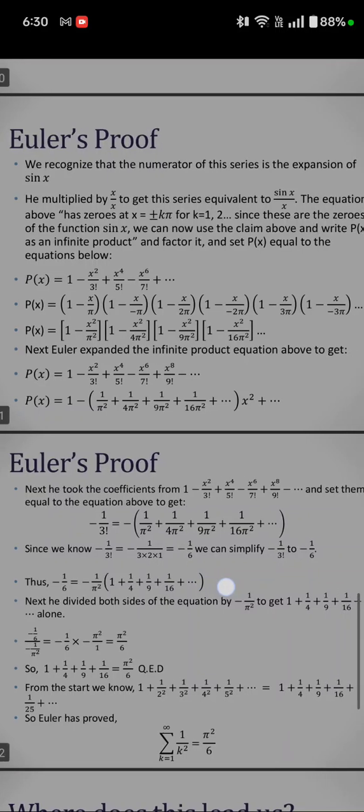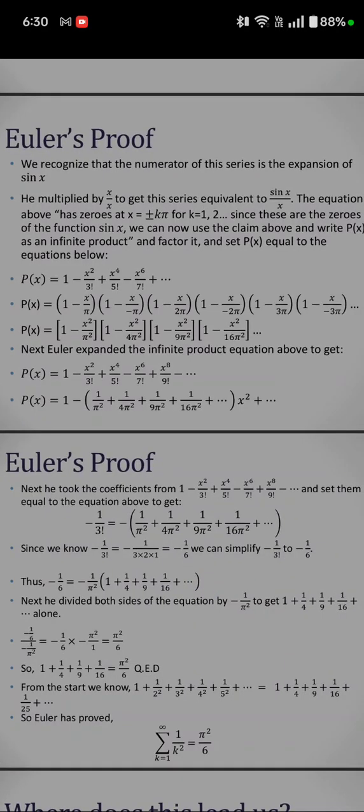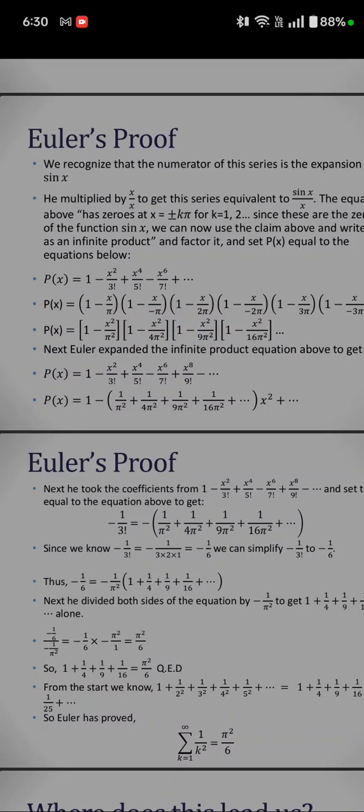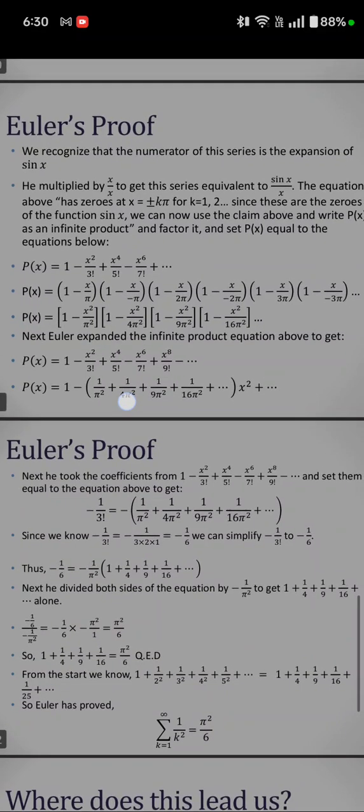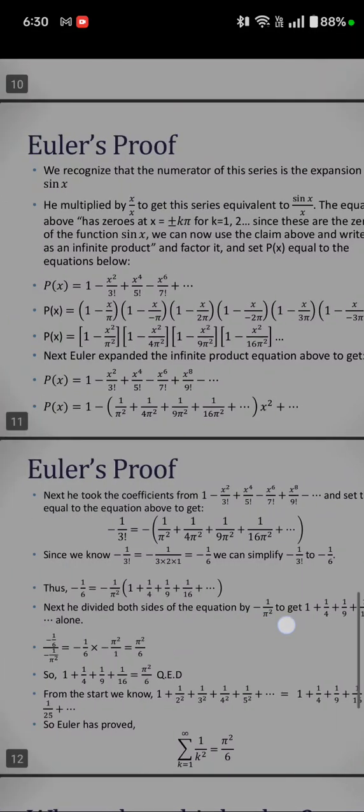Yes, now what we have taken as p(x) is equal to 1 minus x square upon 3 factorial from above. Now what he did, he took the coefficients from 1 minus x square upon 3 factorial plus this p(x) and set them equal to the equation above.